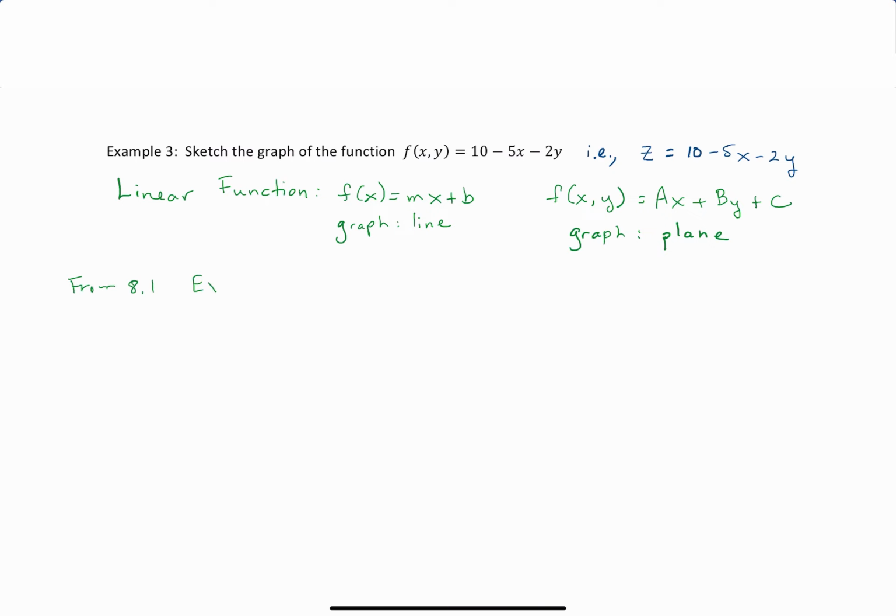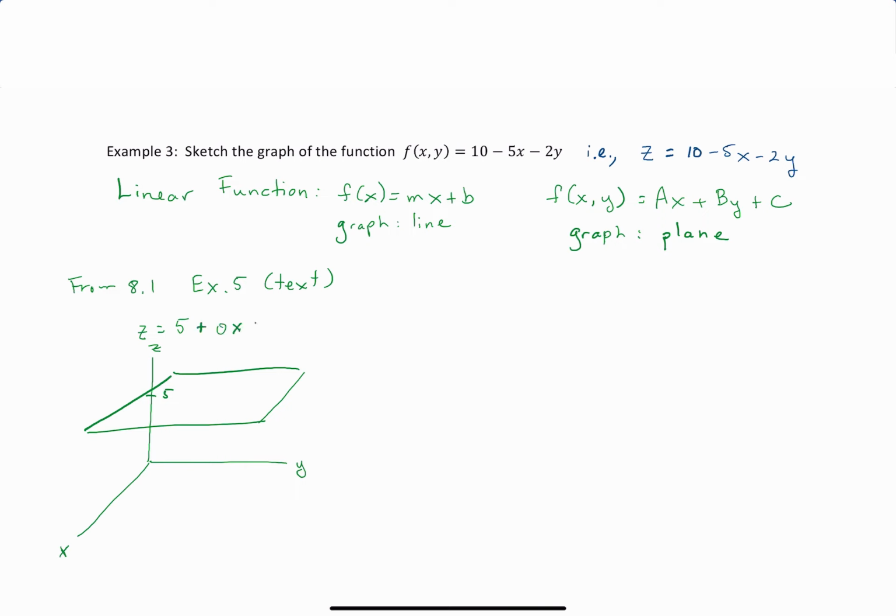If you look at example 5 in the textbook, we were introduced to the graph of z equals 5, which is a horizontal plane because this is describing the surface where all the points are exactly 5 units above the xy plane. And notice this is a linear equation. You could think of this as z equals 5 plus 0x plus 0y.